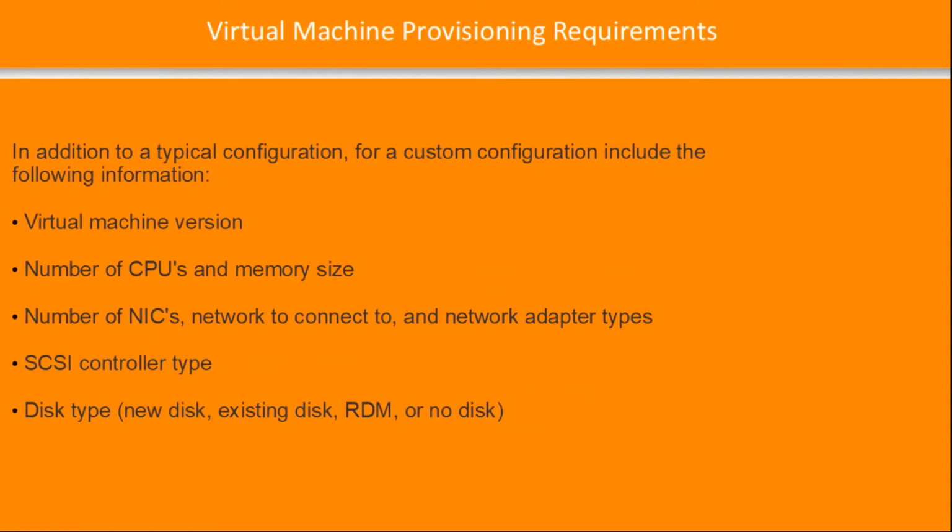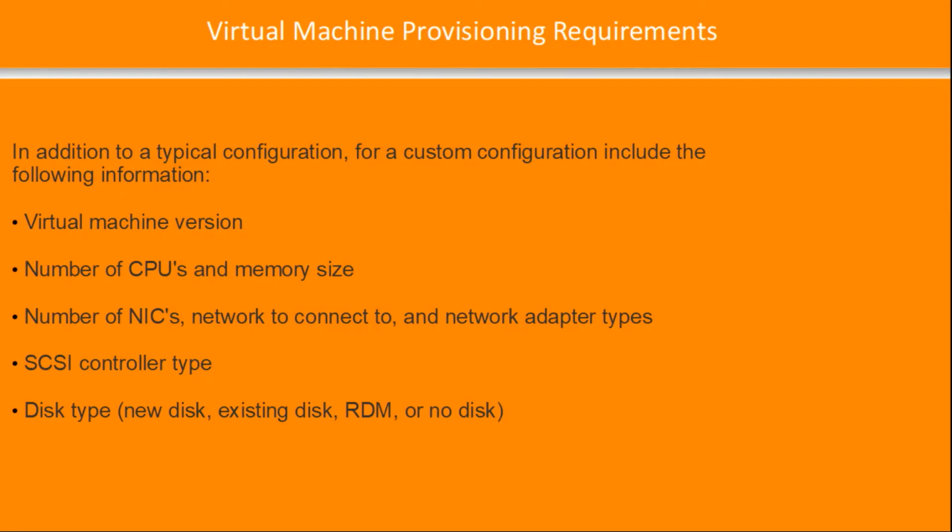In addition to a typical configuration, there is a custom configuration which requires further details. Details like the virtual machine version, the number of CPUs and memory size that the virtual machine will be configured with, how many NICs and what networks to connect to, and what network adapter types should be chosen.